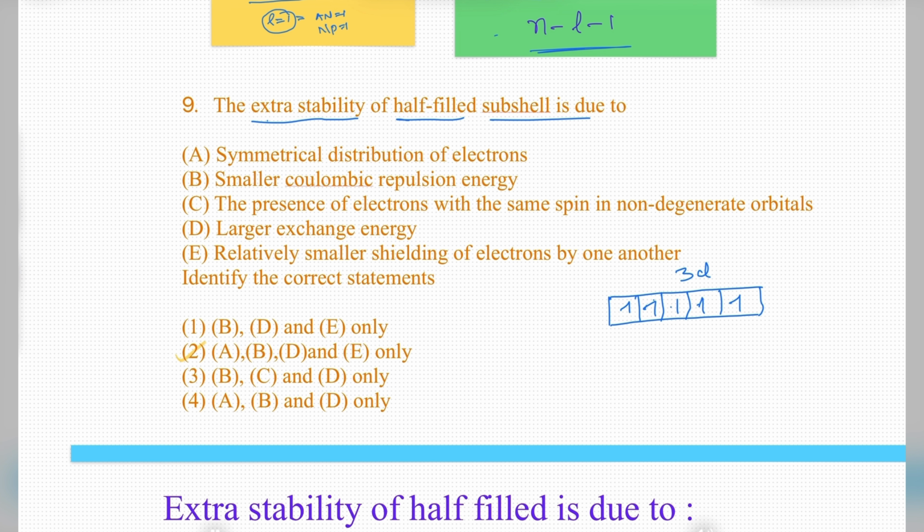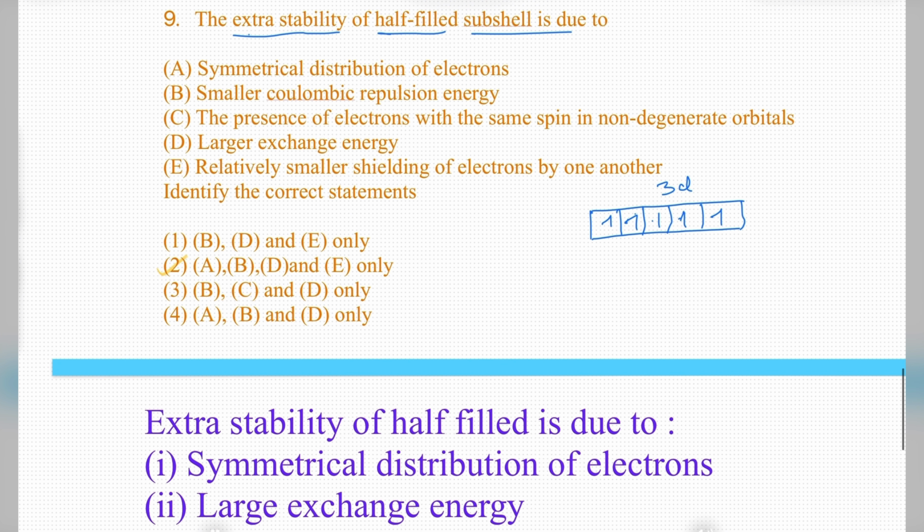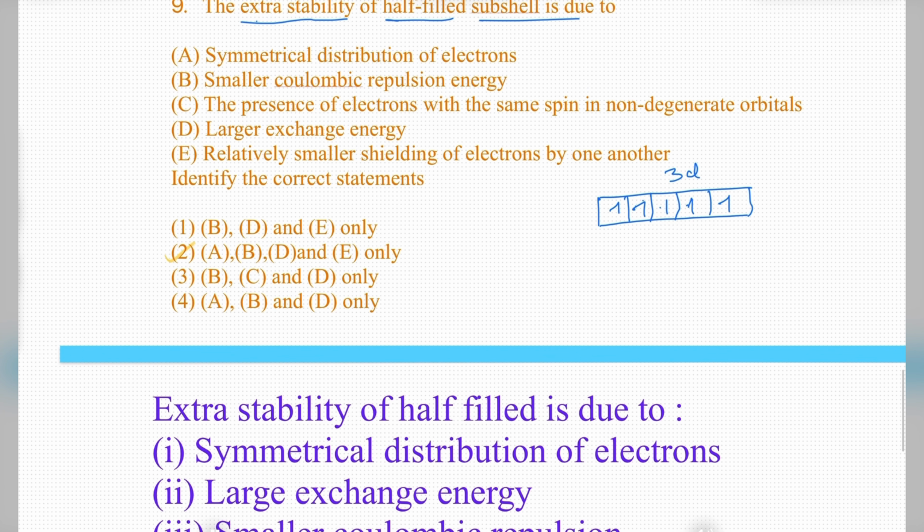We also have here larger exchange energies. And one more: relatively smaller shielding of electrons by one another. So how many of these statements are correct? We can check it out here.